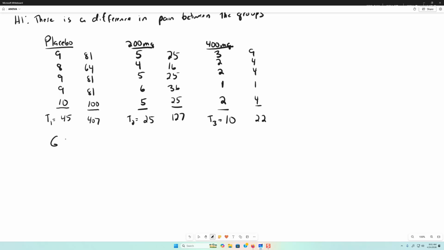Let's do the grand total. Add up the three totals here, the non-squared totals. And my grand total is going to be 80. And then let's find the sum of x squared, which is adding up the three squared totals.